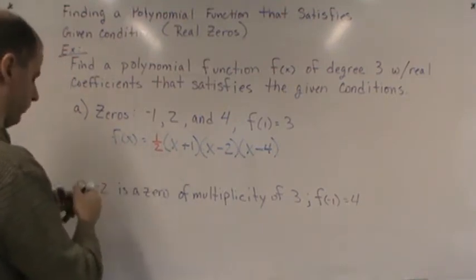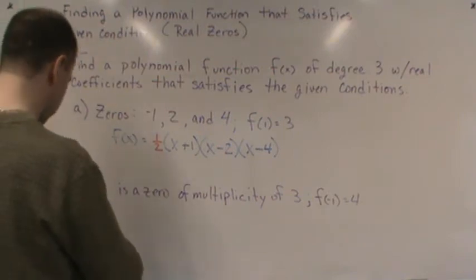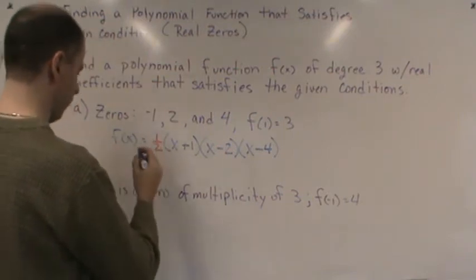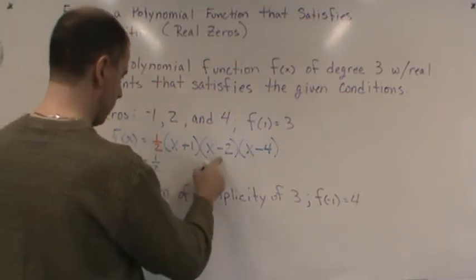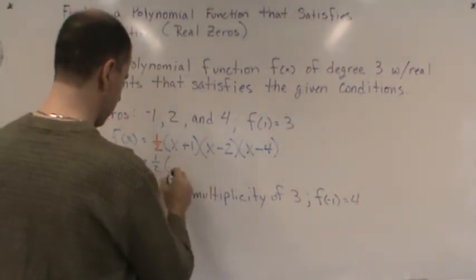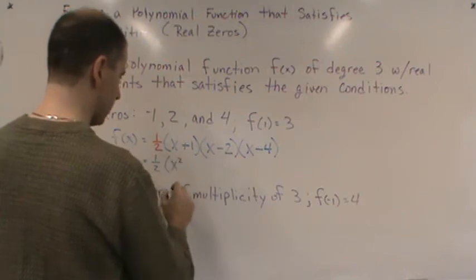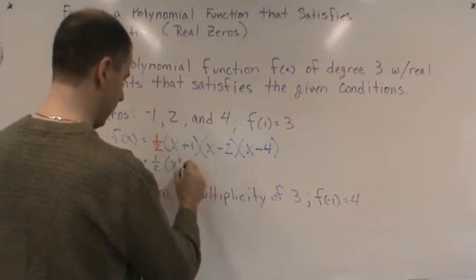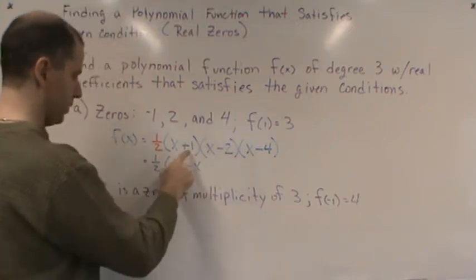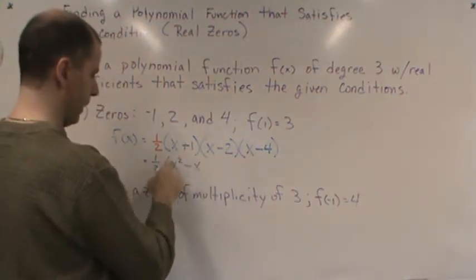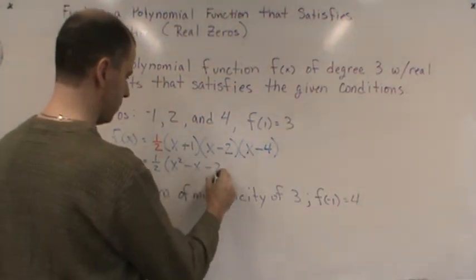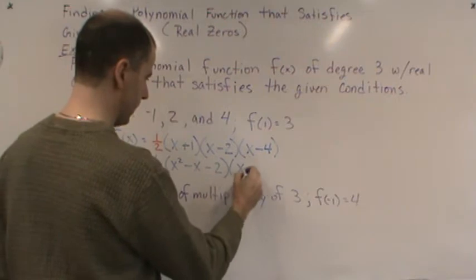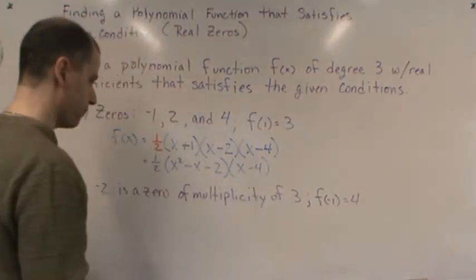So we get this times this, which is going to give us x squared, minus x, because we get an x minus 2x, which gives us a minus x, and then we get minus 2 times x minus 4.